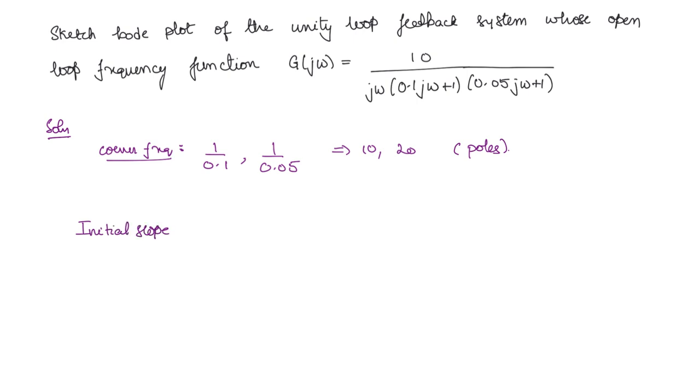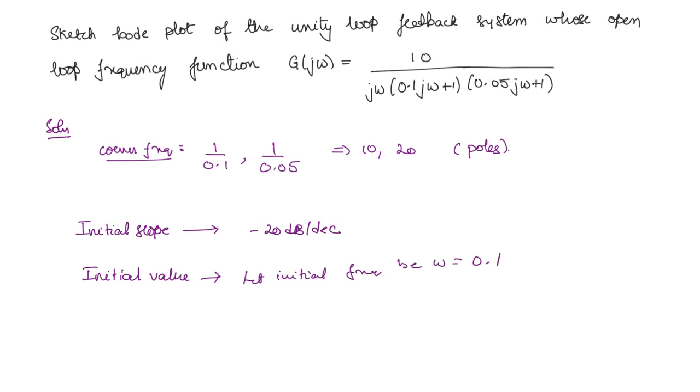First, if you see the initial slope, there is one pole at origin, right? So what will be the initial slope? It is going to be minus 20 dB per decade. And what about the initial value? It will depend on the frequency that we are taking. Let the initial frequency be omega is equal to 0.1.